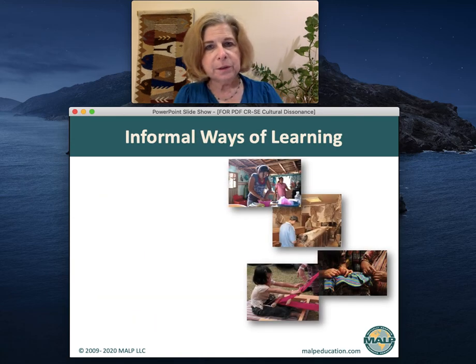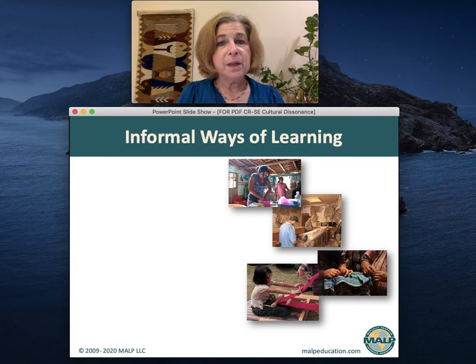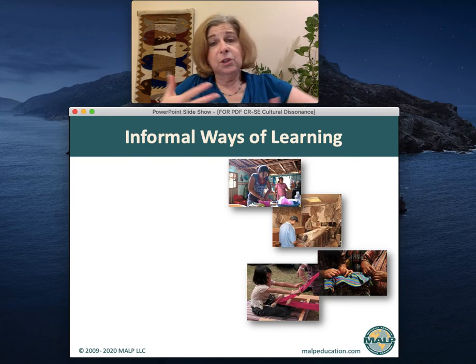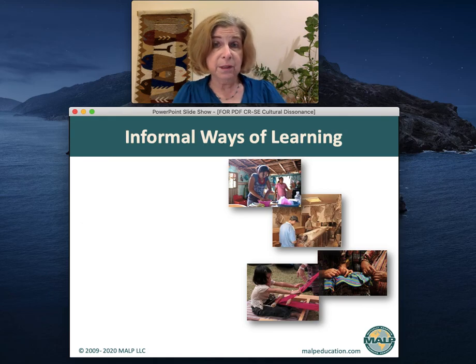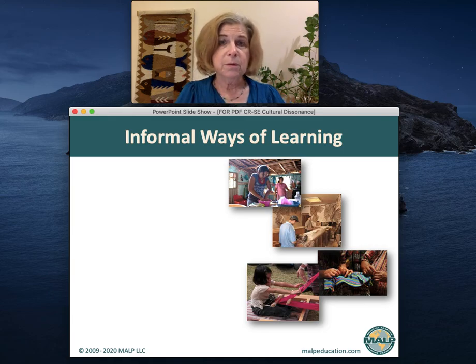The third cultural difference is informal ways of learning. Mentorship, right? Journaling. A journeyman learns, or a child, you can see in the photo, right? Learns as soon as they can contribute to their community, they're going to do it. Cook the rice, or go to the field, or whatever they're going to do, right?